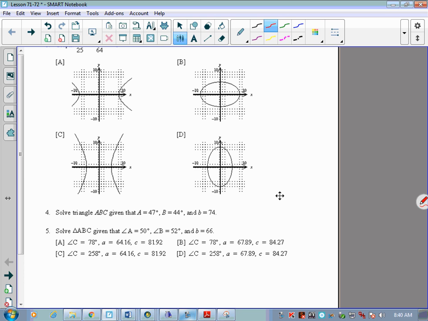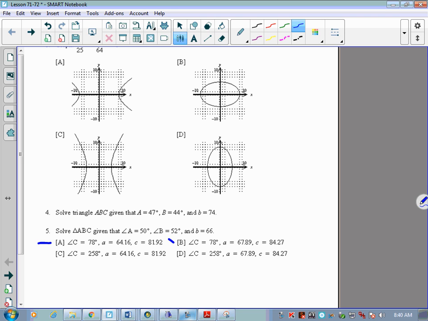Again, they don't give me angle C, but once I've done that, I can tell, okay, 50 and 52, that's 102 out of 180 degrees. I'm probably going to need about 78 degrees left. So I know we're going to need 78, so it's either A or B.